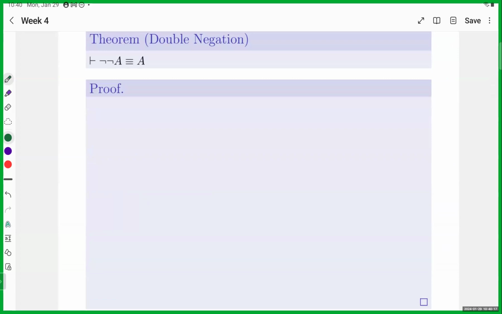Let's prove that the negation of the negation of A is equivalent to A, something that we all know is true. But how do we prove it in our proof system using axioms and rules of inference? So when I said as a rule of thumb, start with the more complicated side of the equivalence, this negation of negation of A sounds more complicated than A. So let's start from there.